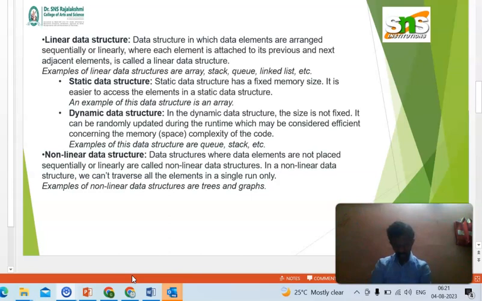In non-linear data structures, we cannot transfer all the elements in a single run, since they are not arranged. Examples of non-linear structures are trees and graphs.